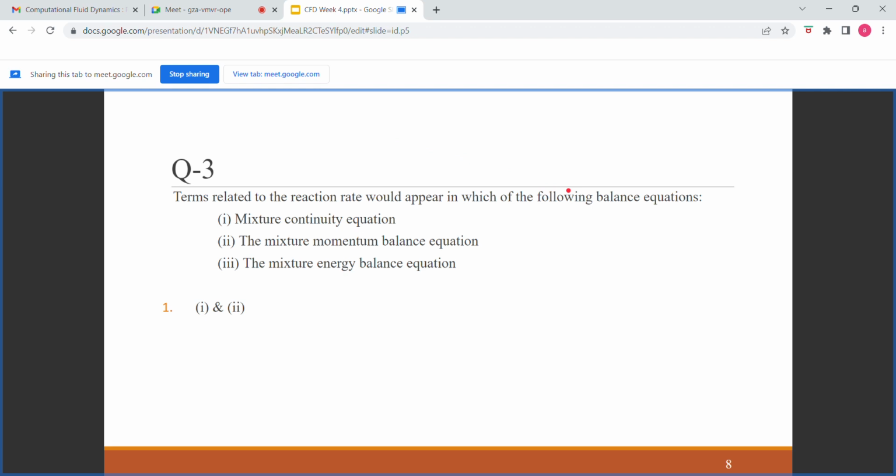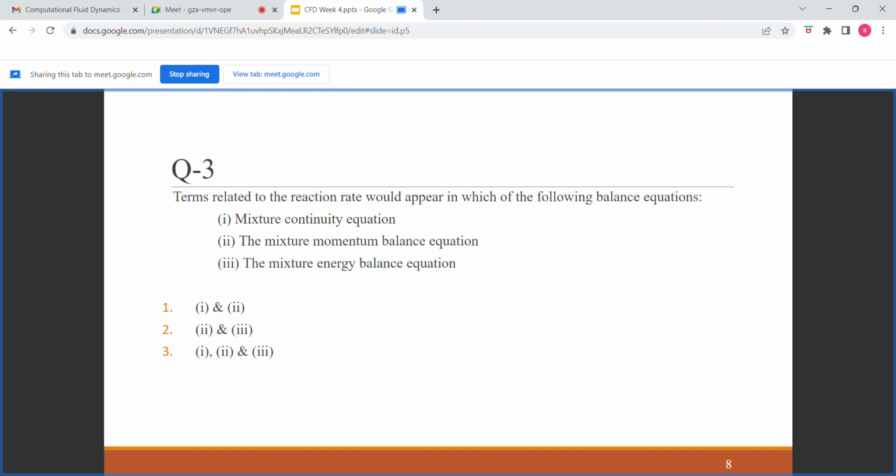So in the options, out of these three equations, which of the following balance equations contains the reaction rate? Terms related to the reaction rate. The options are 1 and 2, 2 and 3, 1, 2 and 3, or none of the three equations.